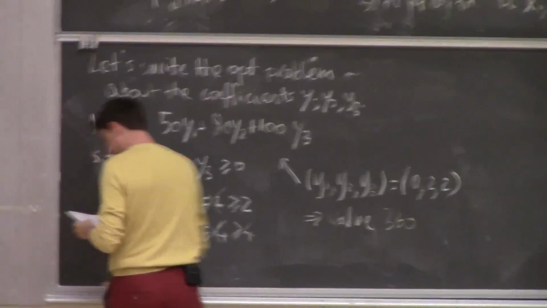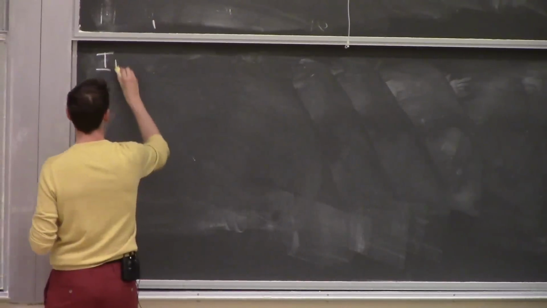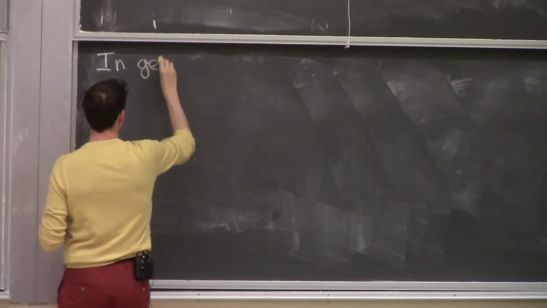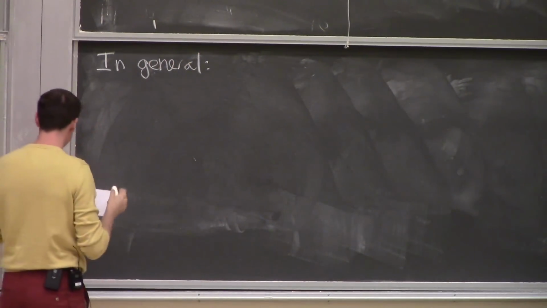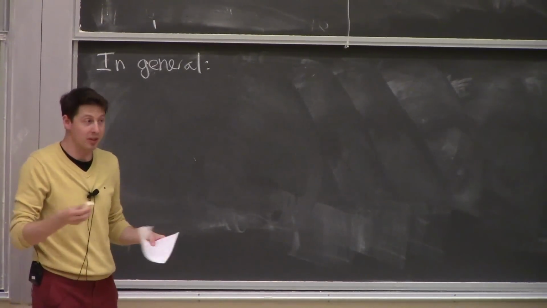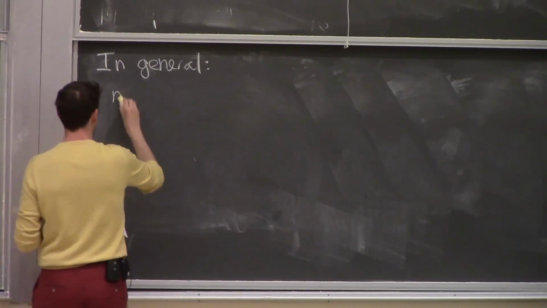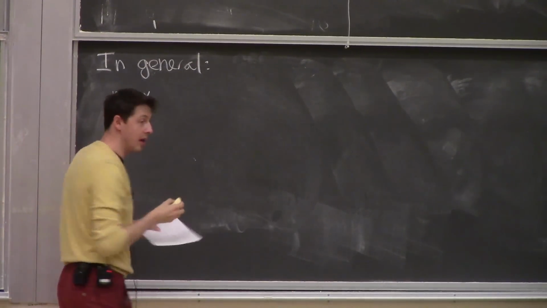All right. So in general, we start with a general linear program. Say we're maximizing over some number of variables.